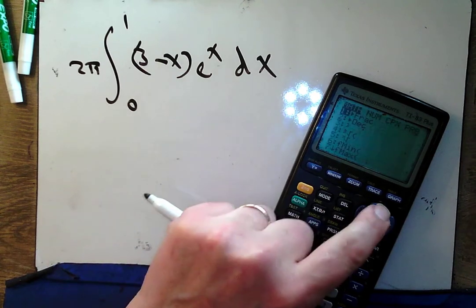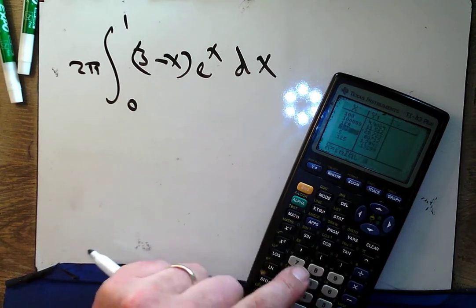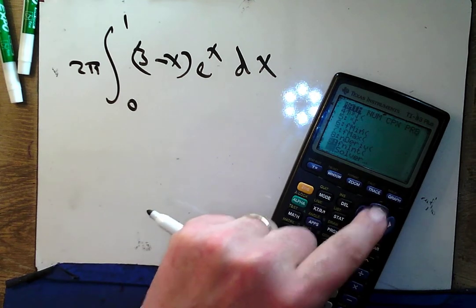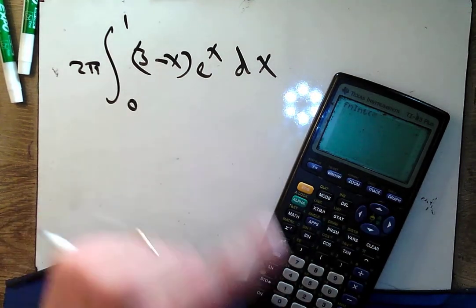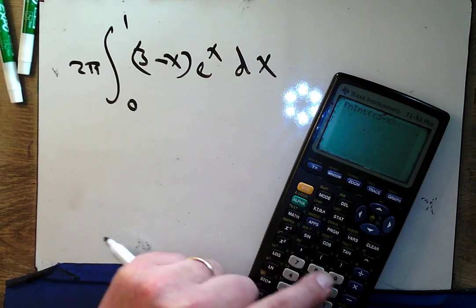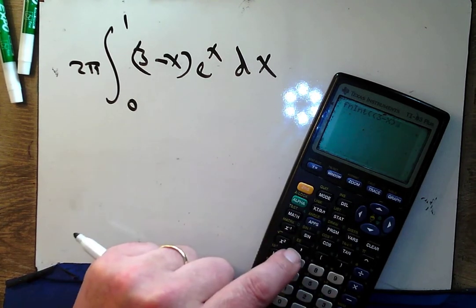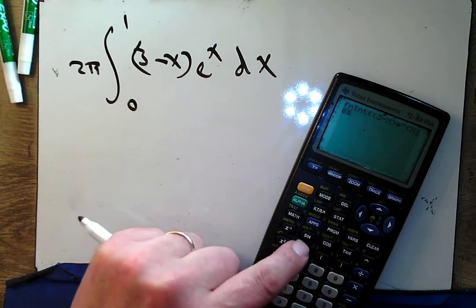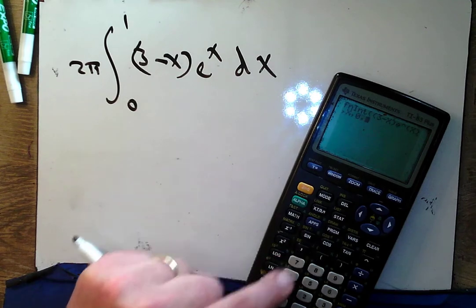Math, integrate, oops, math, integrate 3 minus x times e to the x, comma x, comma 0, comma 1.